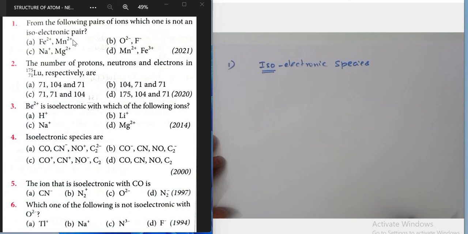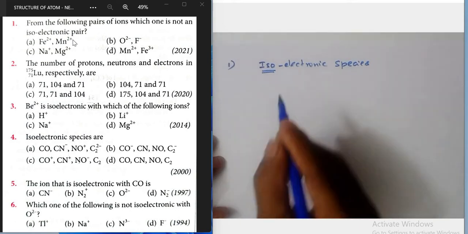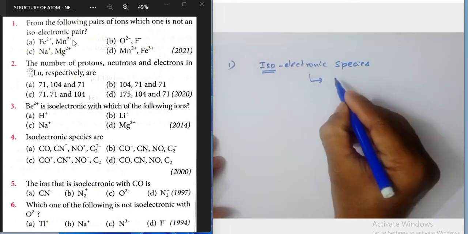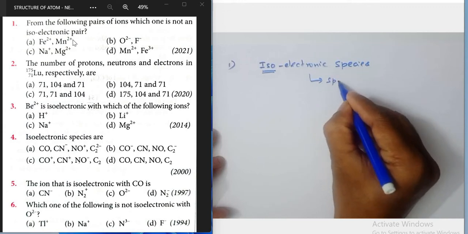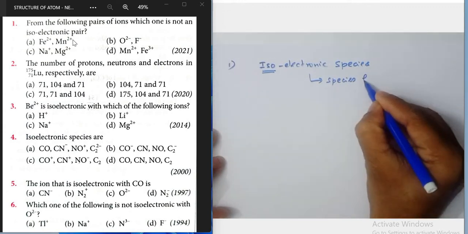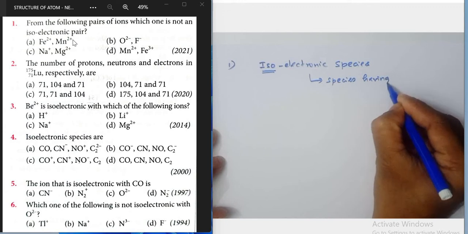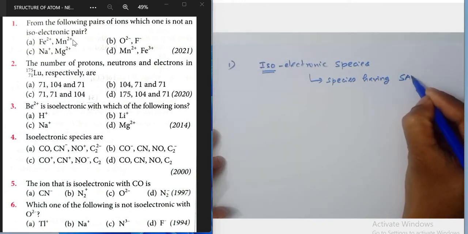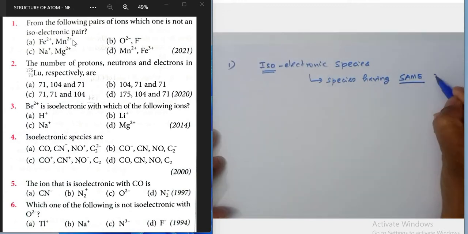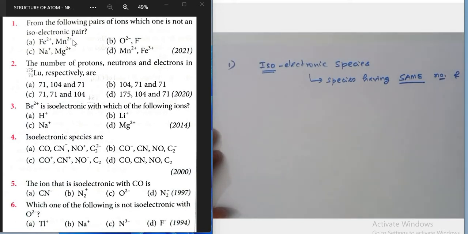Isoelectronic means species having the same number of electrons. That's all, very simple. Species having the same number of electrons is what we call isoelectronic species.